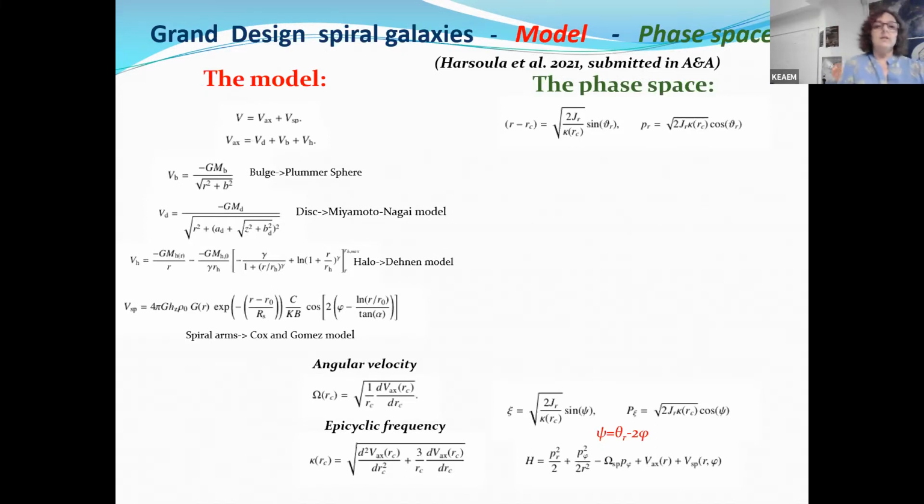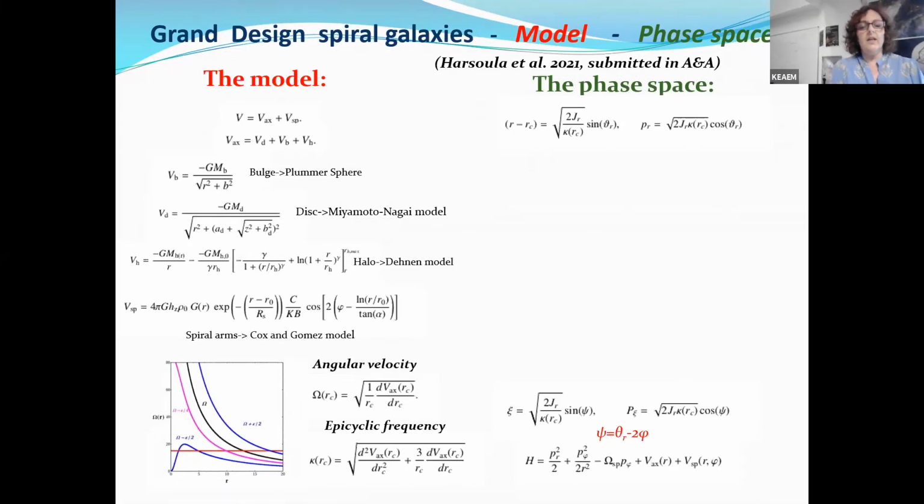We use a galactic model with an axisymmetric background with a bulge, a disk, and a halo. Superimposed, we have a logarithmic spiral potential.